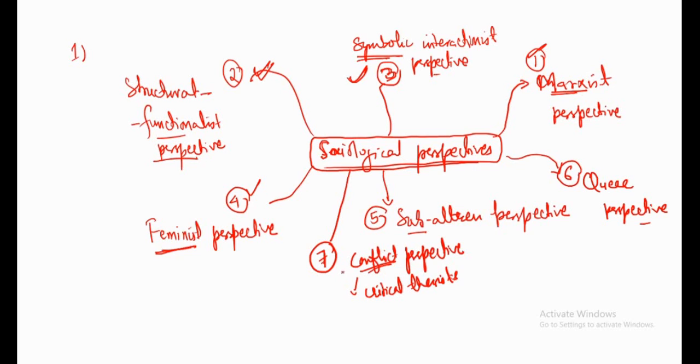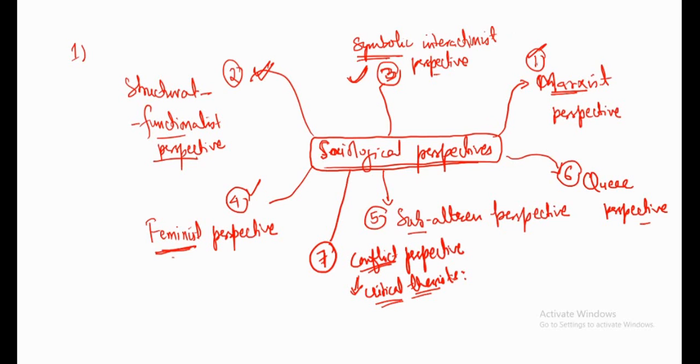If it is gender conflict, then it becomes the feminist perspective, and if it is political conflict, then it becomes the critical perspective, or we say critical theorists, like we say Marxists, feminists, and here we say critical theorists or conflict theorists. So now I will give you the thumb rules.